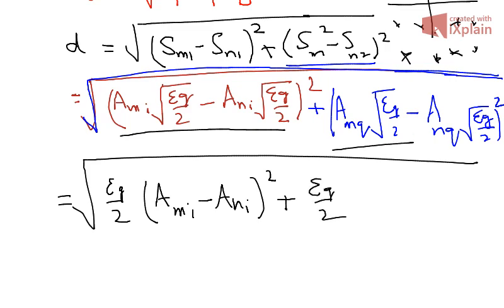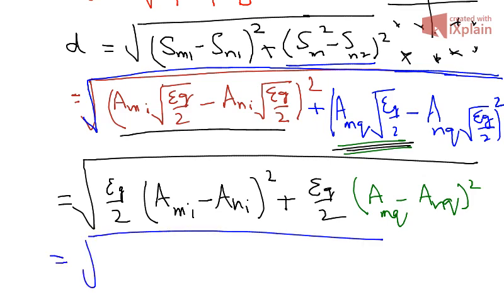Now from this part, EG over 2, and you have AMQ minus ANQ whole square. So this is how you can write it in the simplest form.